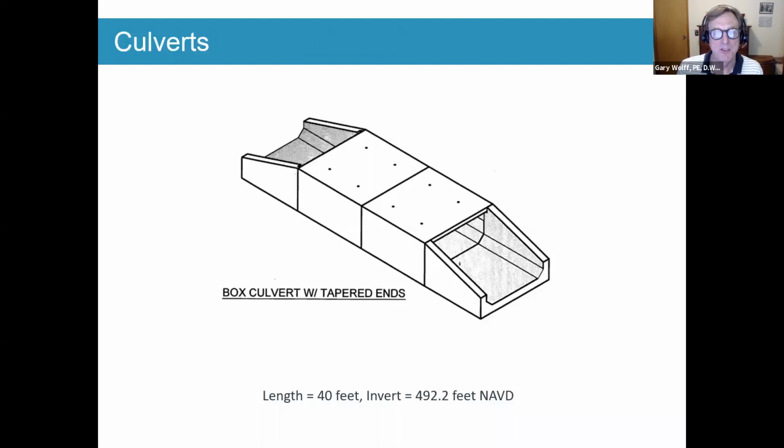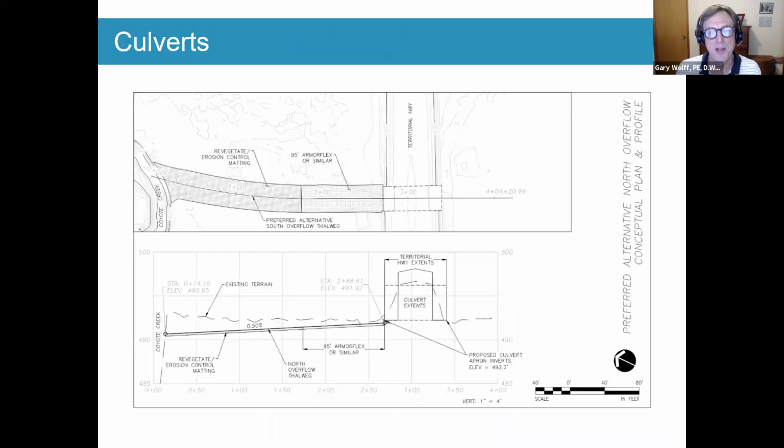And then finally, these are the box culverts that were used north of the North Bridge through the roadway opening there. And then this is the grading downstream of those culverts. You'll remember we had really high velocities coming out of these culverts. So what we suggested is they armor the overflow channel downstream of the culverts with something like Armor Flex, which, if you've seen these, are blocks that can be planted and the county could mow these, et cetera.